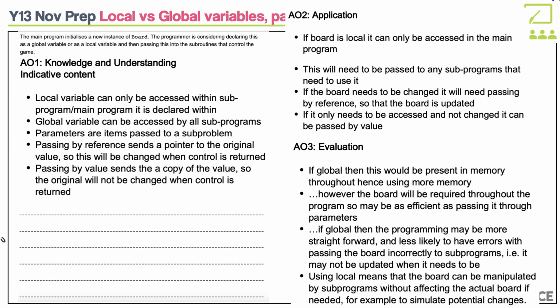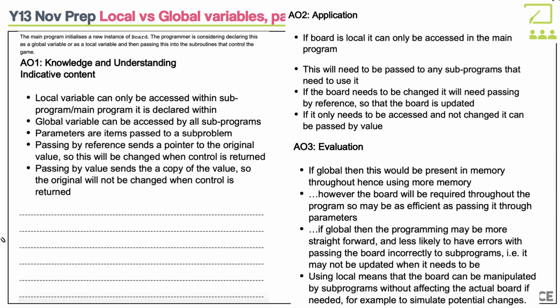Looking at the mark scheme, we can see the local variable is only accessible, only visible inside the subroutine, and the global variable is accessed throughout all the subroutines in the program. We didn't talk about parameters.